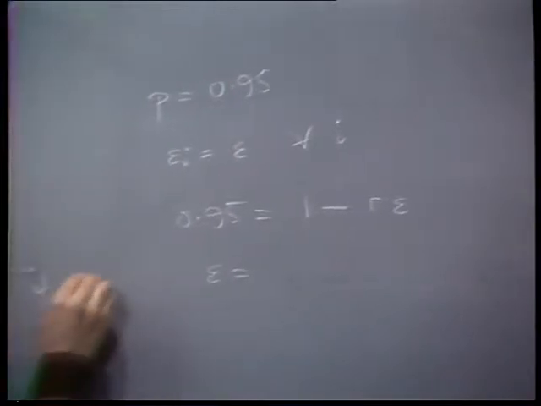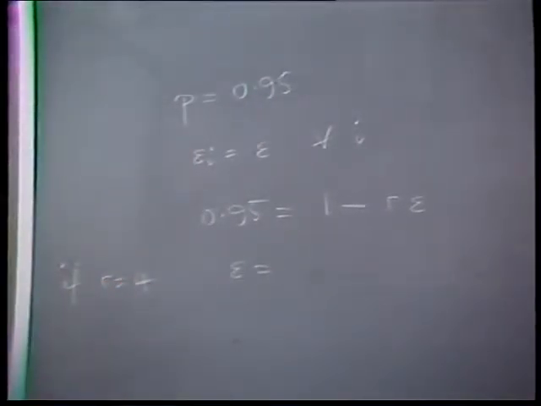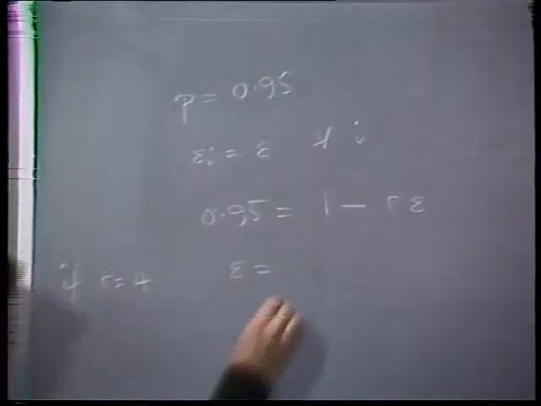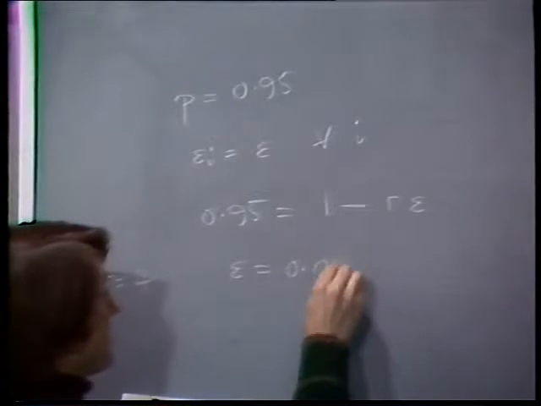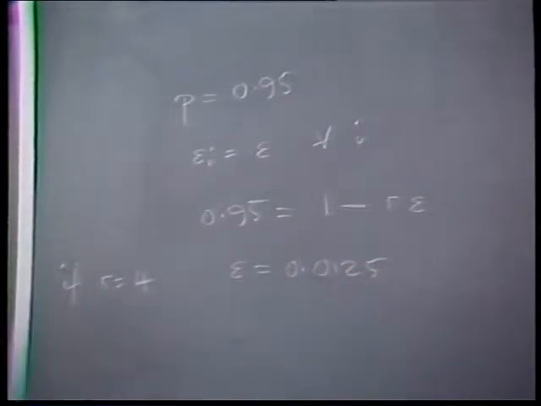To make it a more concrete example, if we're going to test 4 restrictions, then epsilon would be 0.0125.